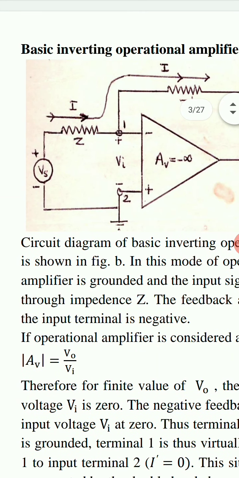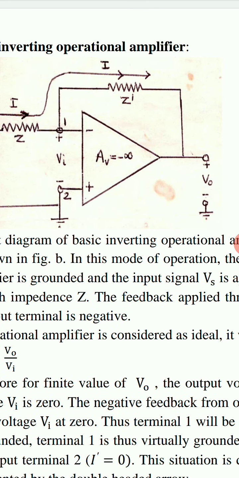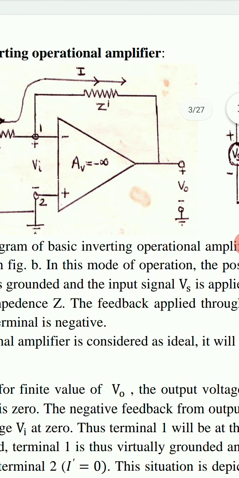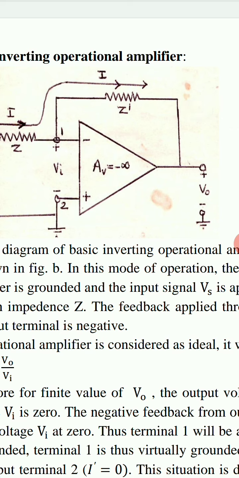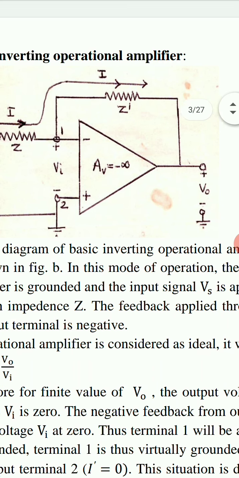Vs is the input signal that is applied at inverting terminal 1 through impedance Z, and feedback is applied from the output terminal to the inverting terminal 1 through impedance Z dash as shown in this figure.